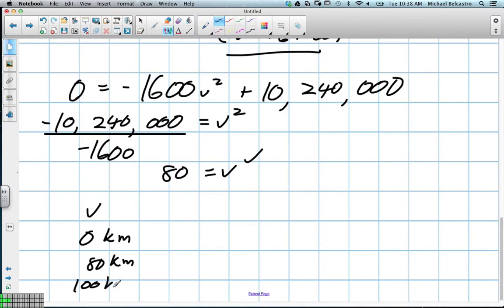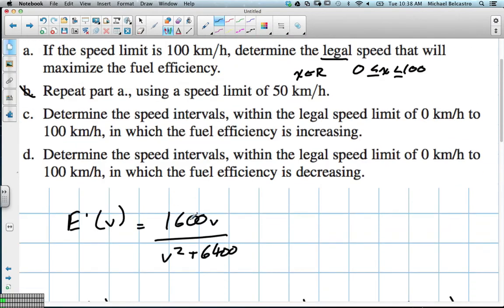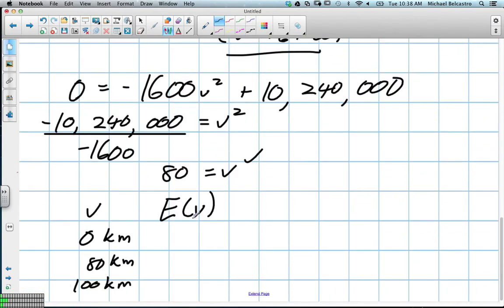So we're looking for fuel efficiency. So we have to plug it into our original function of efficiency with speed. And I haven't memorized the function, so I have to go back up. 1,600v over v squared plus 6,400, is that? Yeah. Okay, so all we have to do next is plug those values in.